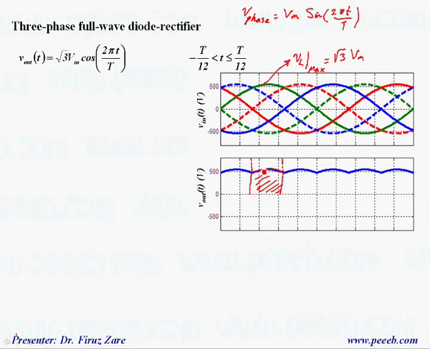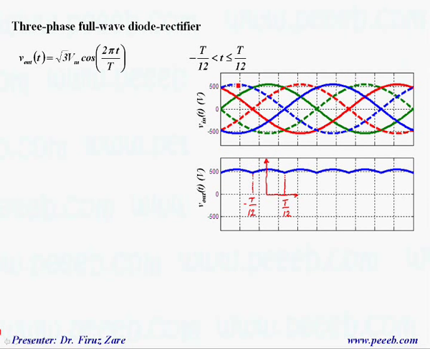So we can define it as a cosine wave, root of 3 Vm cosine 2 pi t over T, if we move the time axis to this point. Then we just need to find this area based on a simple method.